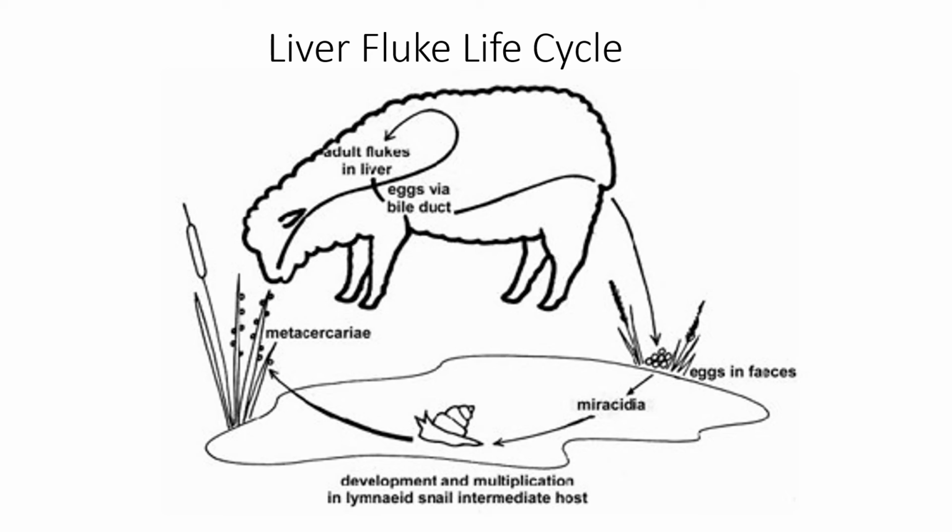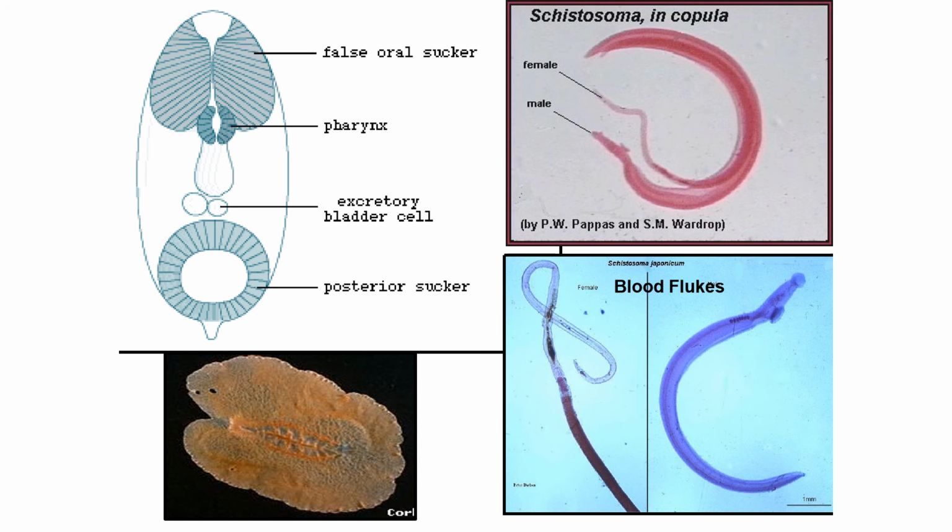These larvae develop and multiply, and then they enter the snail, which is the intermediate host. After that these larvae convert into metacercarial larvae, released through the feces of the snail, and these metacercarial larvae are taken up by animals through the grass, and again they enter the body of the host.